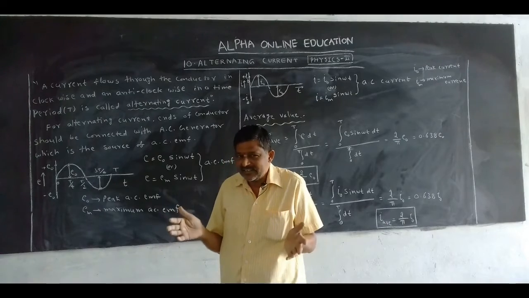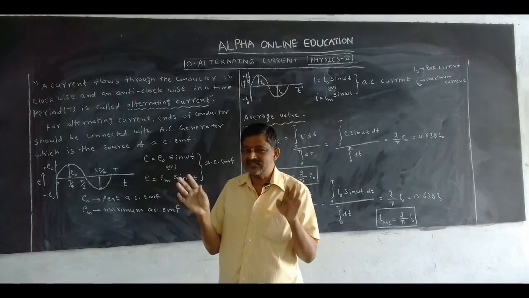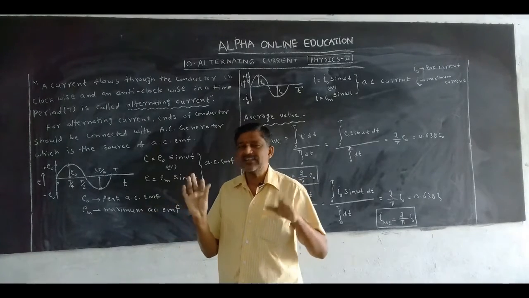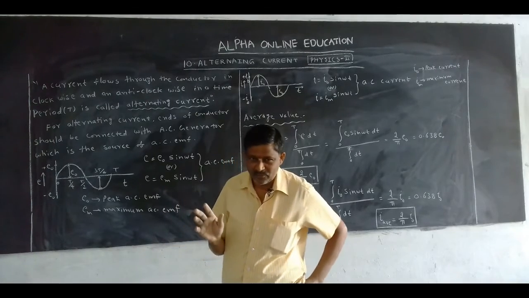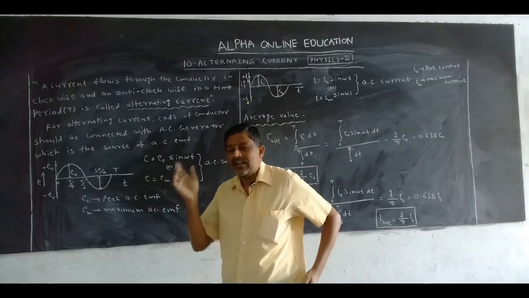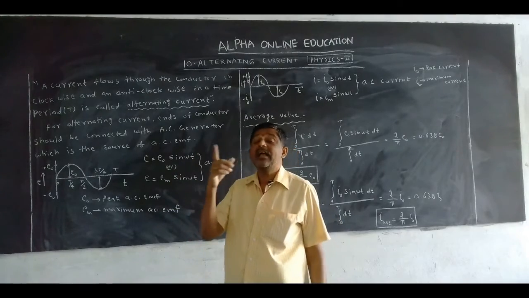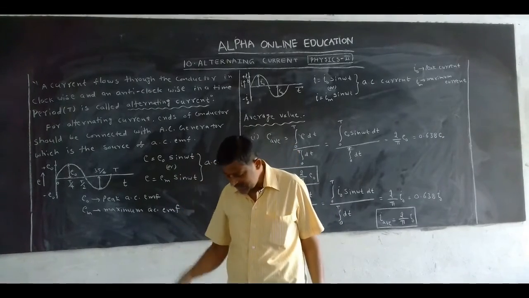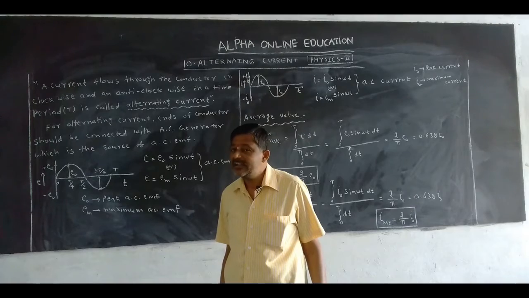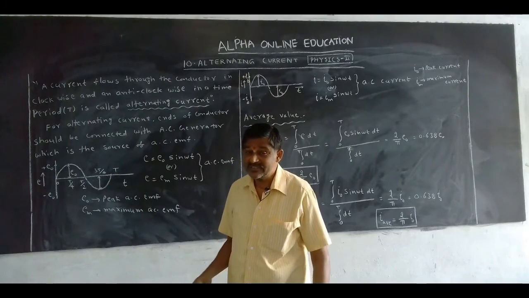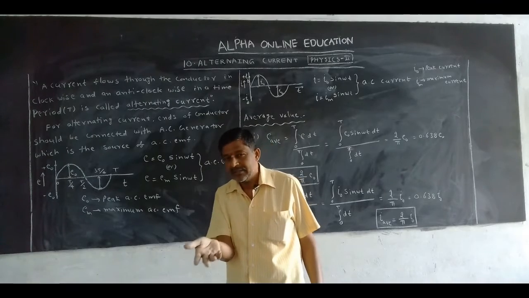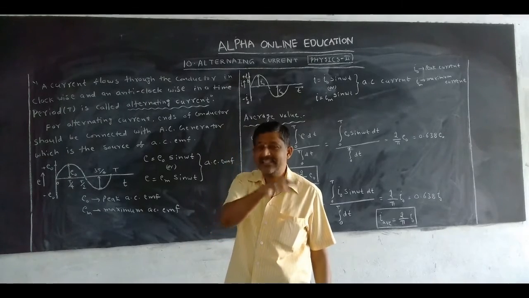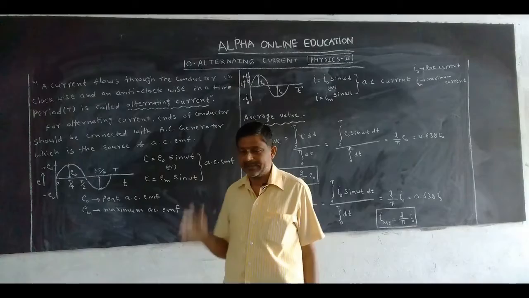The generator is connected to the ends of the conductor. In the conductor, the current flows, meaning electrons flow clockwise and anti-clockwise in a time period. Why? The generator gives AC EMF in the form of a sine wave, which we studied in the 9th chapter. This is the 10th chapter.